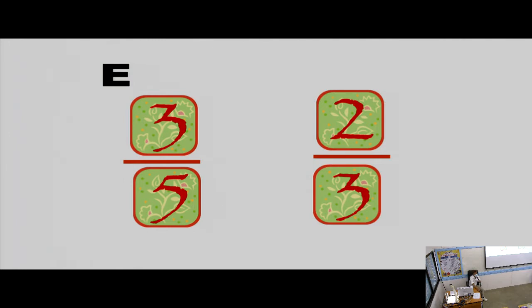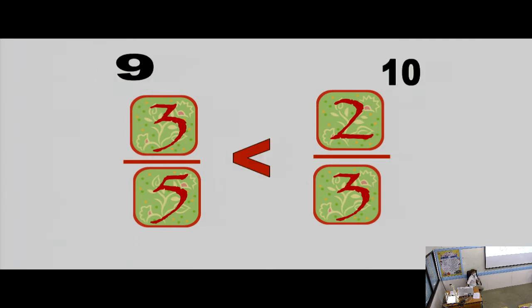Okay, very good. So 3 times 3 is 9, and the second one is 2 times 5, which is 10. And 9 is smaller than 10. Then we're going to use the less than symbol.